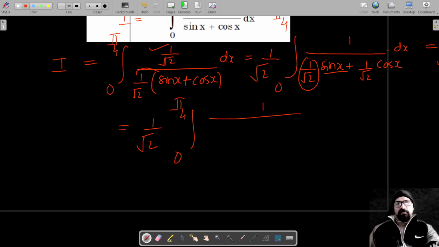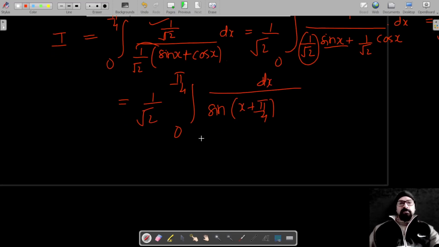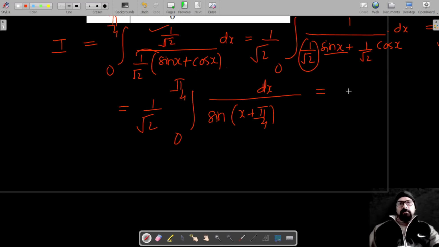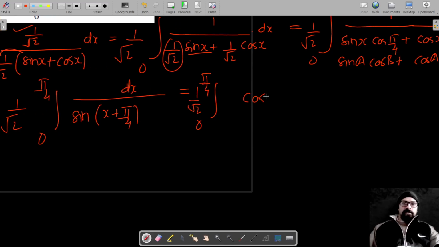So I can write it as sine of a plus b, where a is x, b is pi by 4, with differential element dx. Now this can be written as 0 to pi by 4 with 1 by root 2 out, and this is cosecant of x plus pi by 4 into dx.